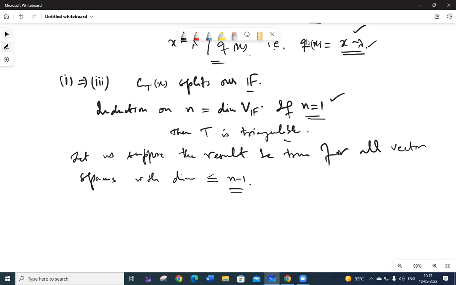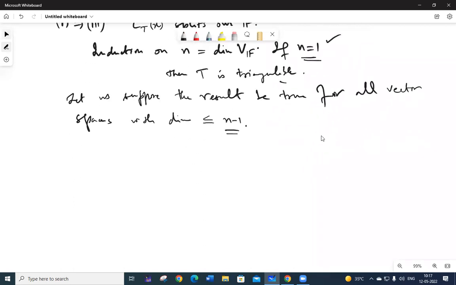All right. And since now the dimension of V is given to be n and CTX is splitting, CTX splits over F.